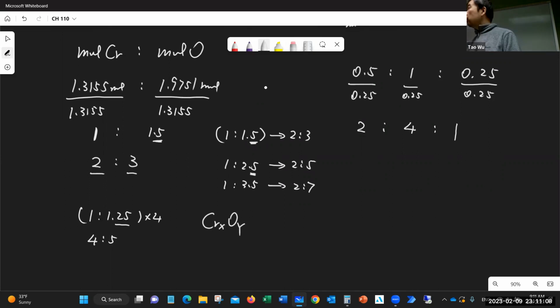The ratio X versus Y is 2/3. So the empirical formula for this one is Cr2O3. This is called the empirical formula. The ratio is not called the empirical formula. Okay, go ahead and work on question number 4.